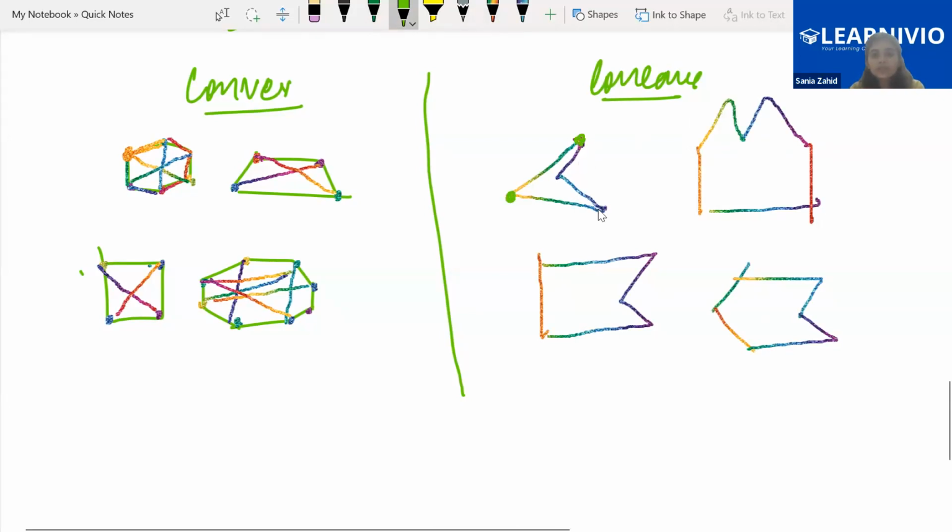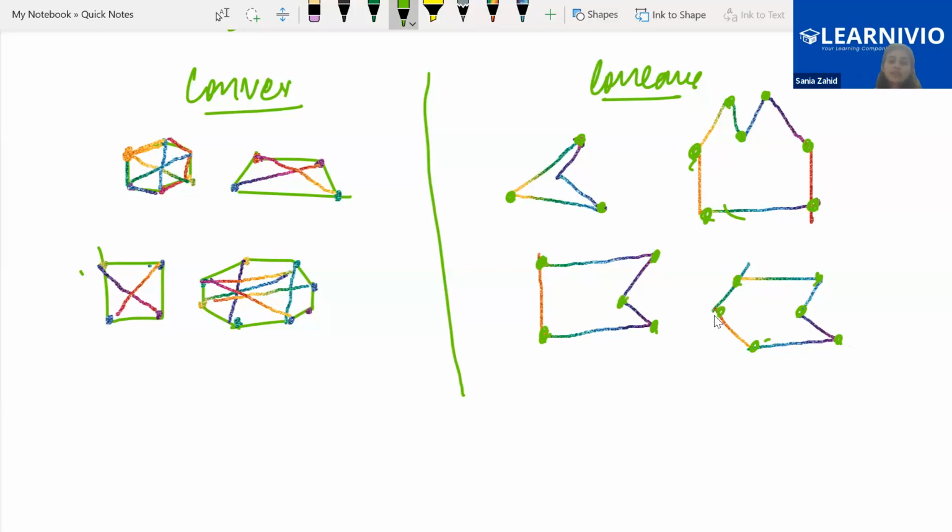These are the three vertices. Here also we'll mark. Here as well. So now try to join these vertices.